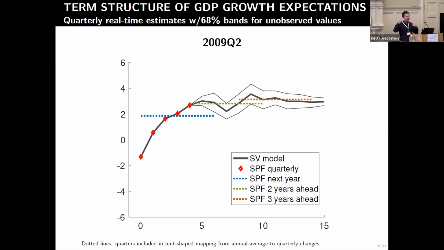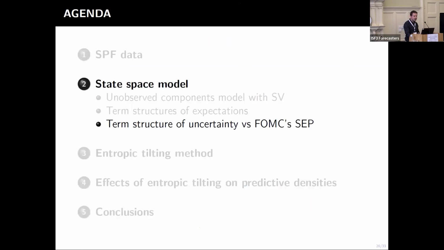And these dotted lines correspond to the annual growth rates that were given in the SPF. These are also mechanically matched by our model. The reason why you see not just four-quarter-long lines is because I told you that there is this tent-shaped approximation, this log-linear approximation that is used to convert this into a linear problem. Okay, so this is what you can see here in 2009 Q2.